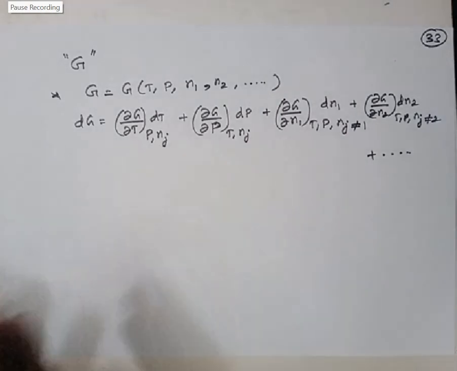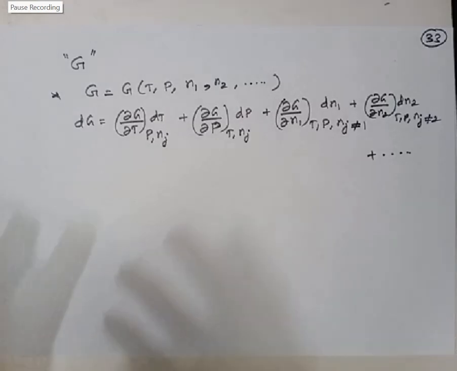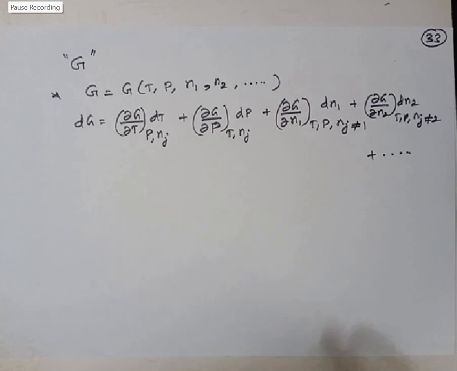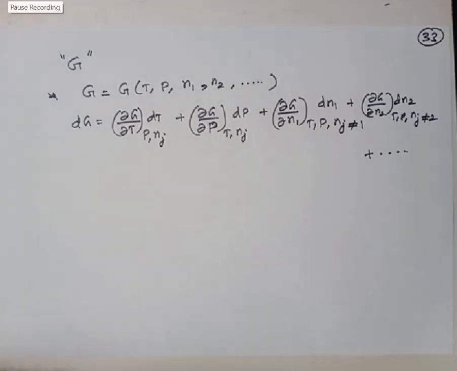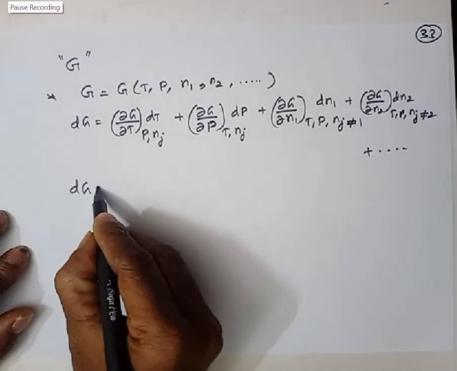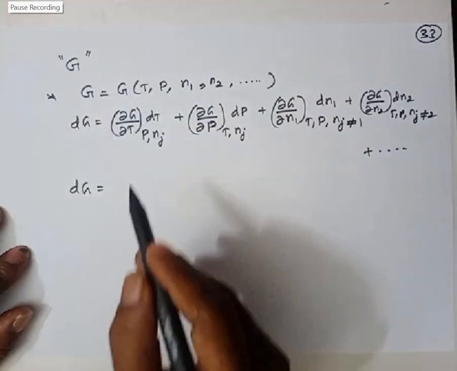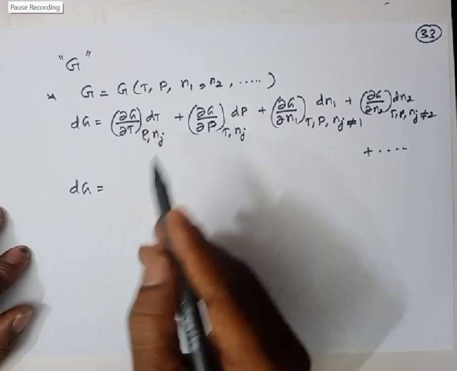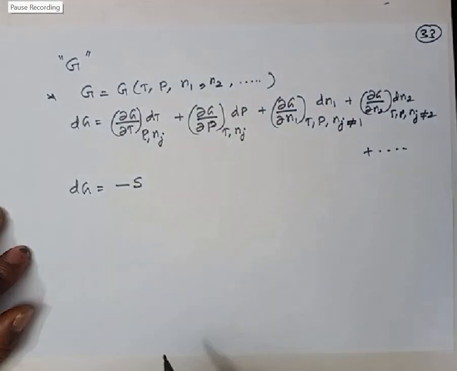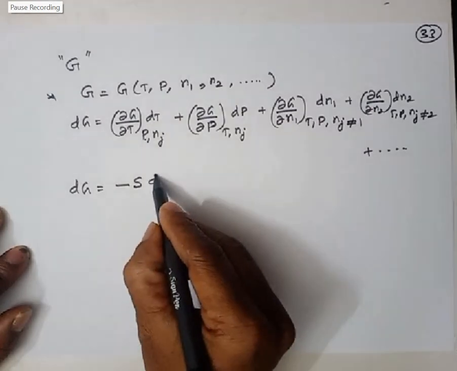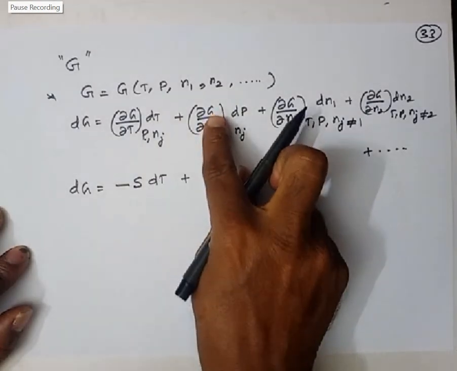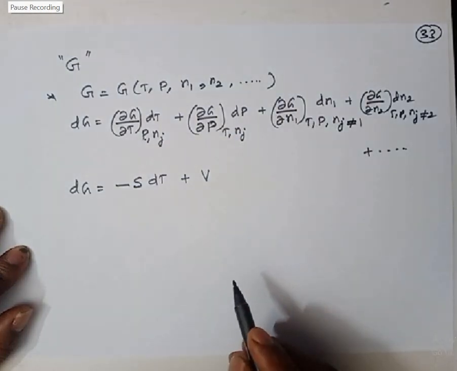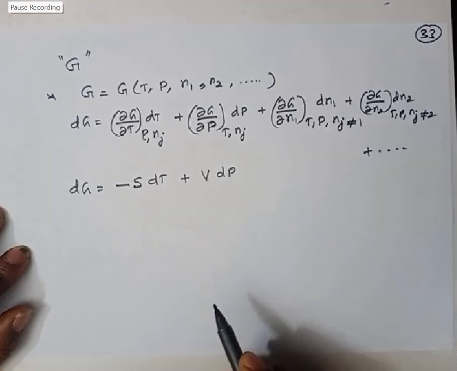Before, I wrote some general property X; now I took a specific extensive property G. Here dG is equal to, as we already discussed, dou G by dou T at constant pressure, which is nothing but minus entropy into dT, plus dou G by dou P at constant temperature, which is nothing but V into dP.